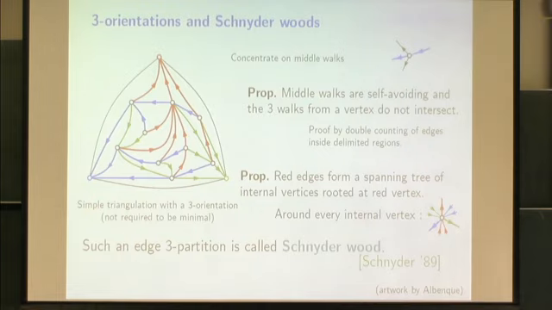Such a partition of the edges into 3 colors that satisfies this local condition is called a Schnyder wood, and you can check that just requiring this local condition implies all the rest, that you will have a decomposition into 3 trees.